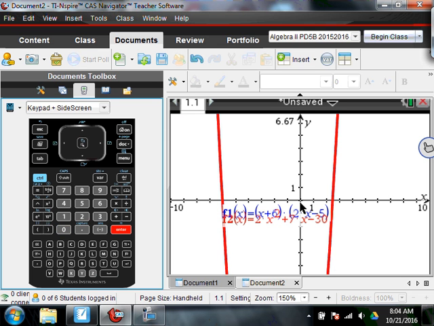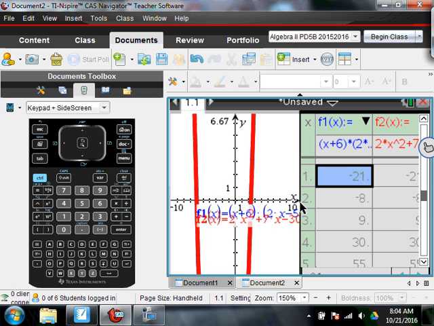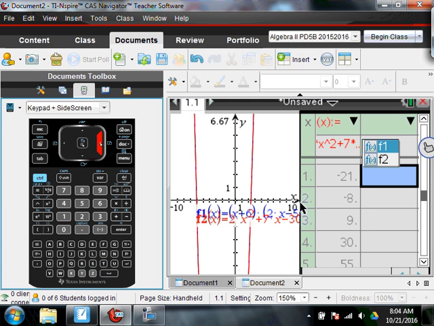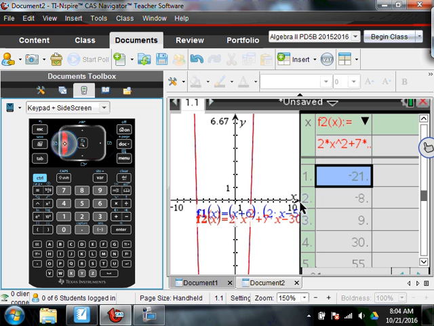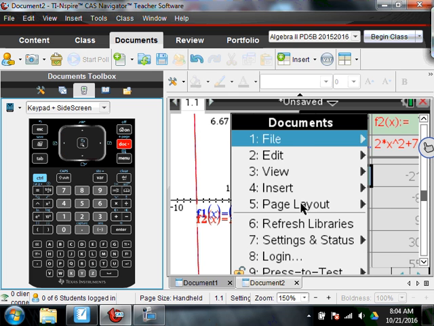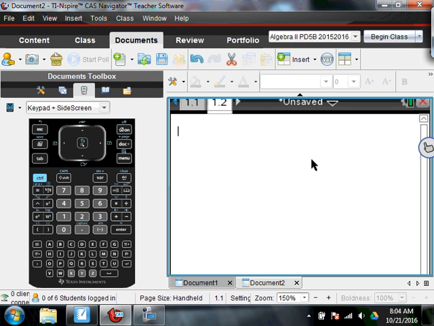Let's look at the table just to confirm. Can you see the y values in the table, how they compare? They're the same.